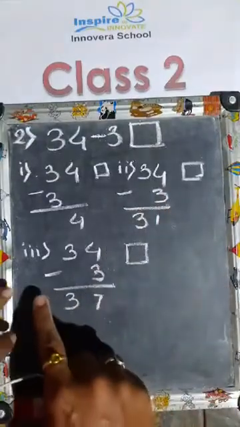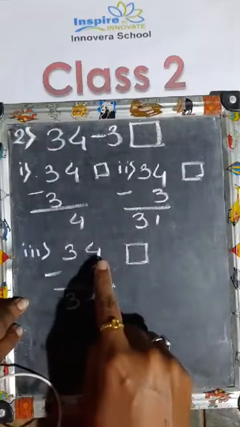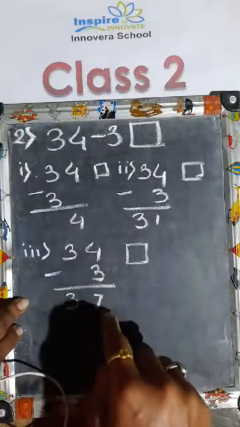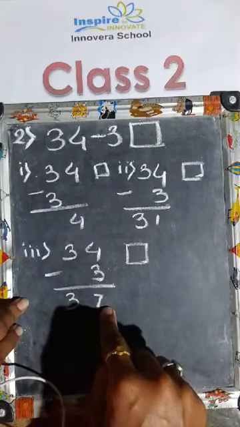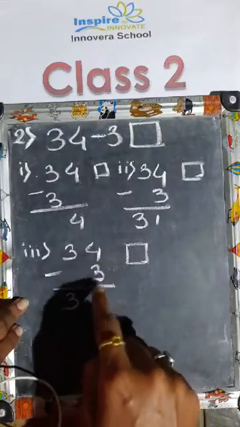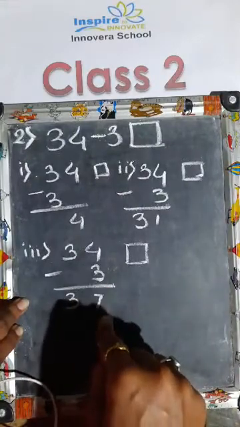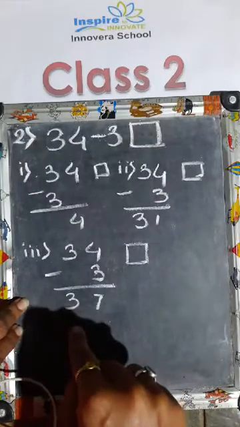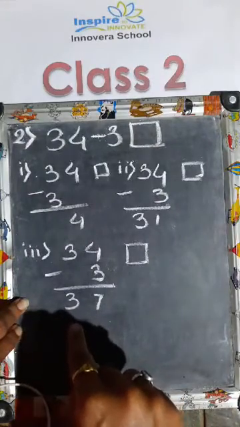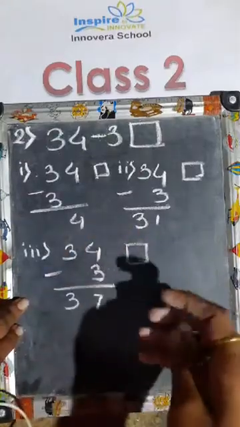And what is given in option 3? 34 minus 3. So 4 minus 3 is equal to 7. Is that correct? No, because the child has done addition over here. 4 plus 3 is equal to 7 and 3 as it is. So that is why they have got the answer 37. So among them, which one is correct?